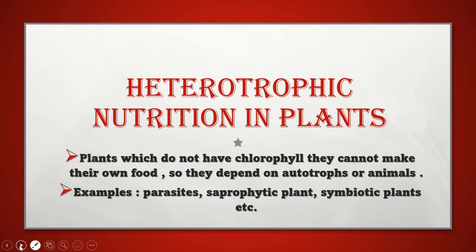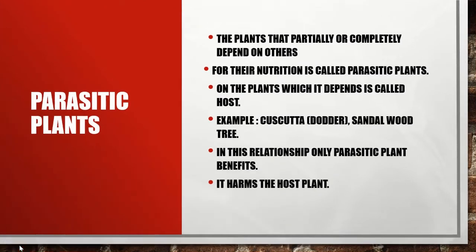But today we will learn about parasitic plants and saprophytic plants. First we will learn about parasitic plants. Parasitic plants are the plants that partially or completely depend on others for their nutrition.